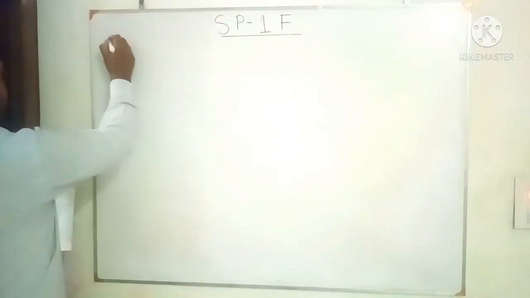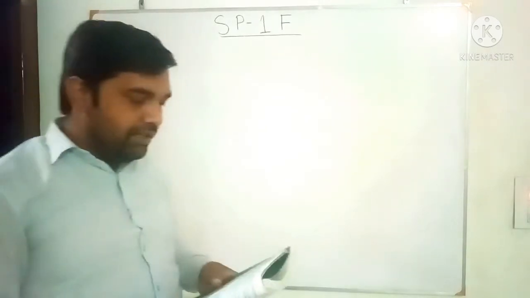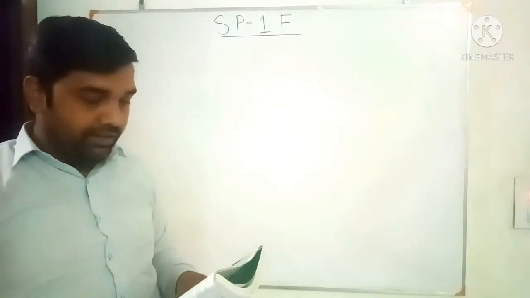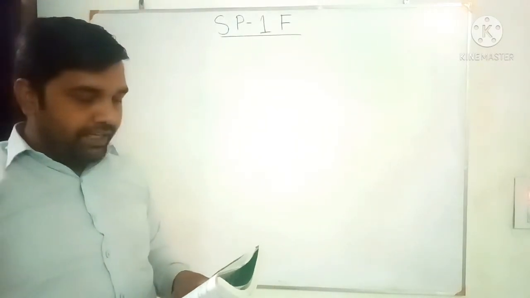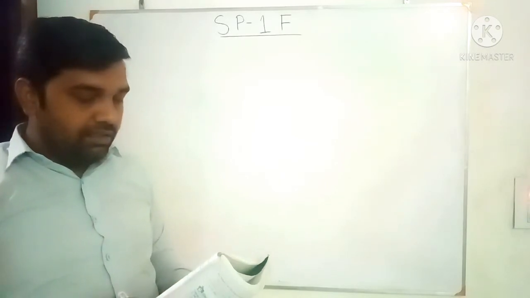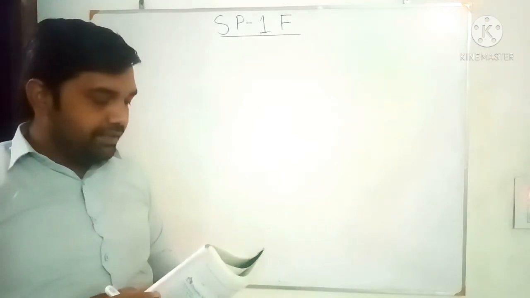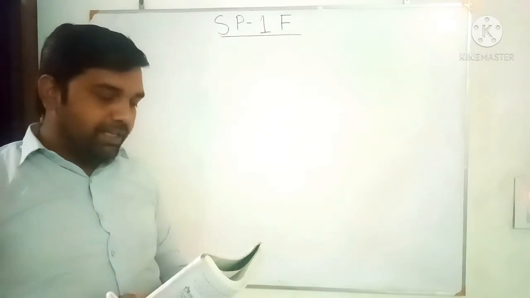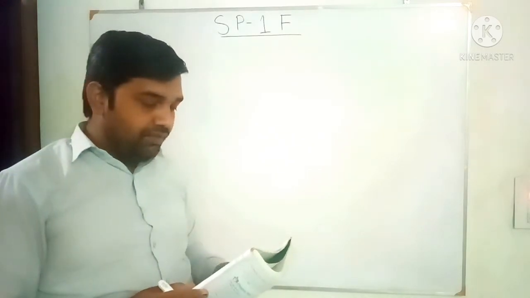Now question number 7 you see. In question number 7, a multi-story building has 25 floors above the ground level, each of height 5 meter. So 25 floors are there. It also has 3 floors in the basement, each of height 5 meter. So the basement also has 3 floors, each of height 5 meter.